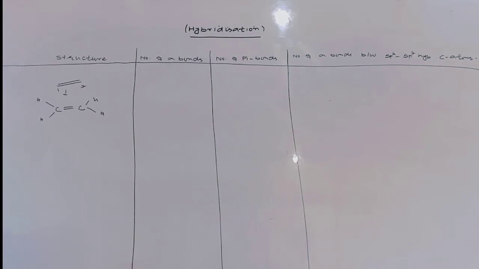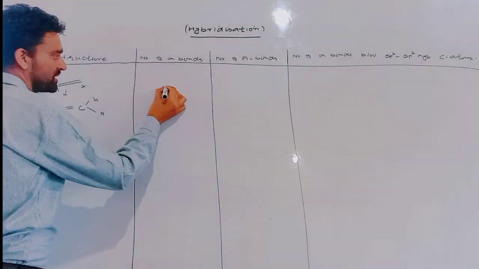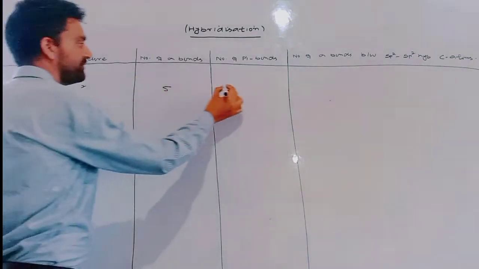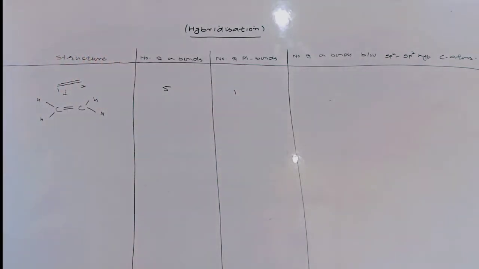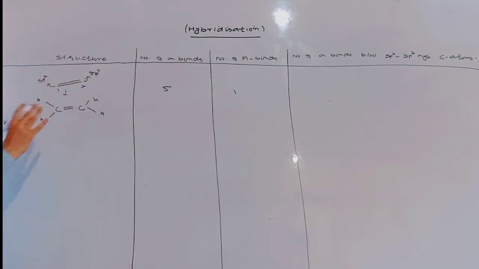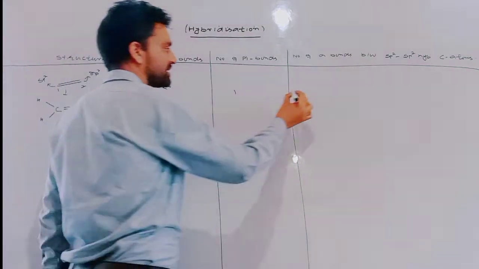How many sigma bonds are present? 1, 2, 3, 4 and 5. Sigma bonds are 5. How many pi bonds are present? Only 1. How many sigma bonds are present between sp2 carbons? This carbon contains a pi bond, it is sp2 and this one is also sp2. Between sp2 carbons there is only one sigma bond.